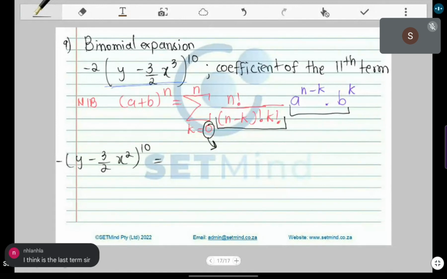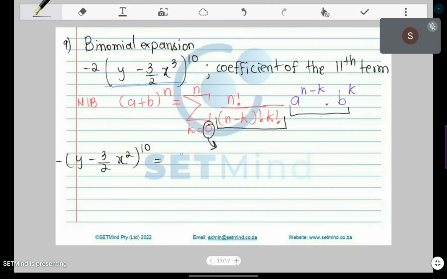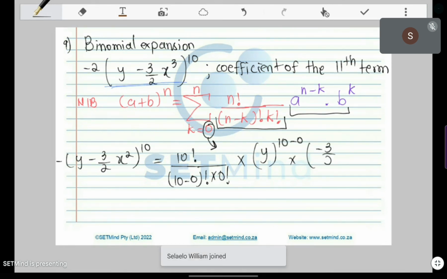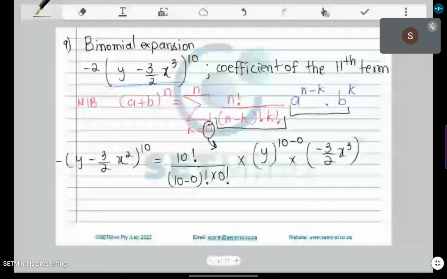So the first term is gonna be n, which is 10 factorial over 10 minus 0 factorial times 0 factorial, multiplied by my a, which is y, so I have y to the power of n minus k, which is 10 minus 0, times my b, which is minus 3 over 2x to the power of 0.